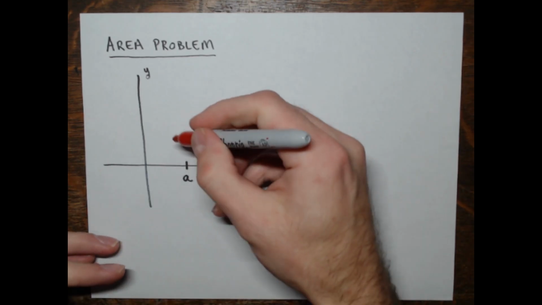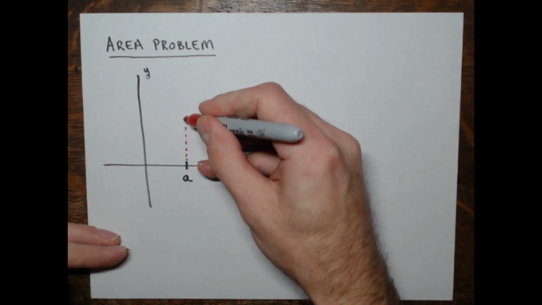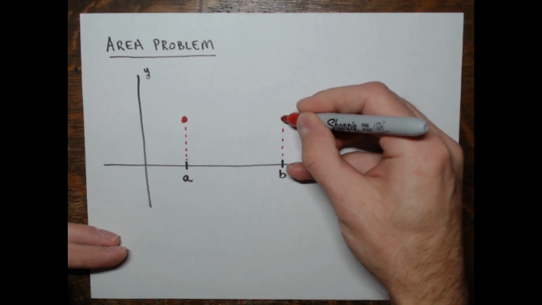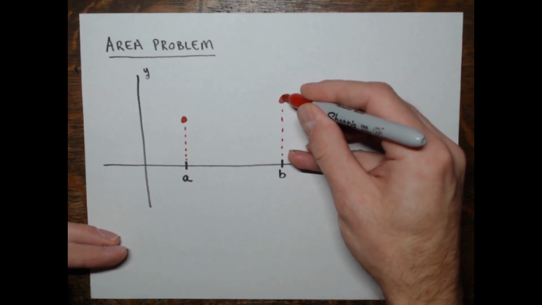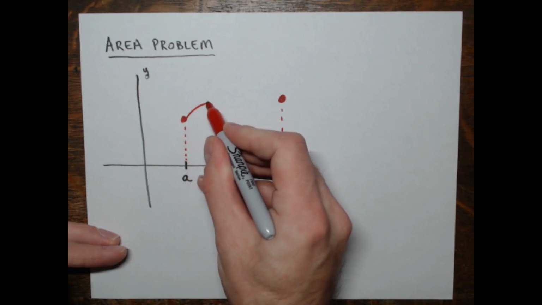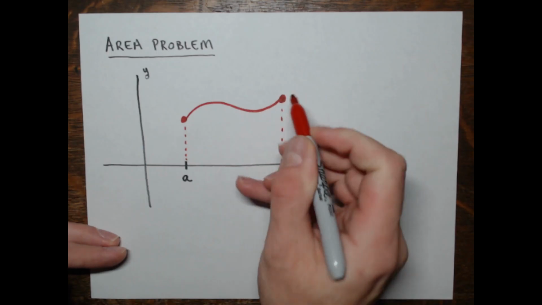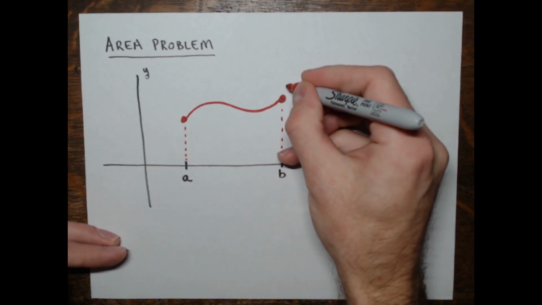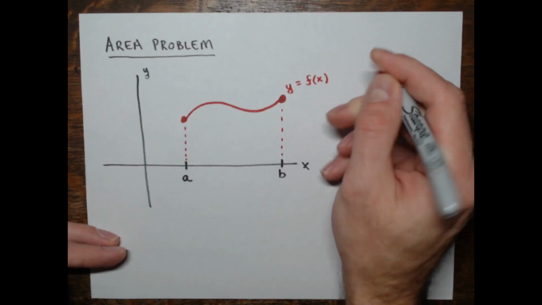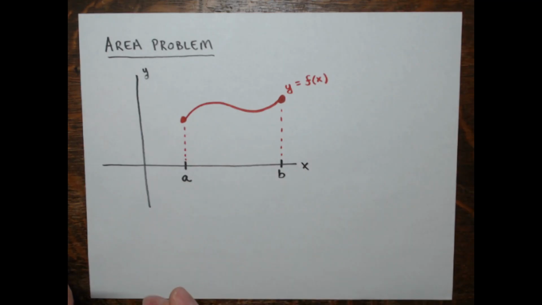And then above this interval, there's a point on some graph. Then above b here, here's a point. And then there's part of a graph of a function over this interval. So here's part of the graph of, say, y equals f of x, over the interval from x equals a to x equals b.